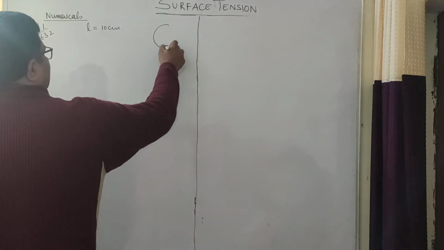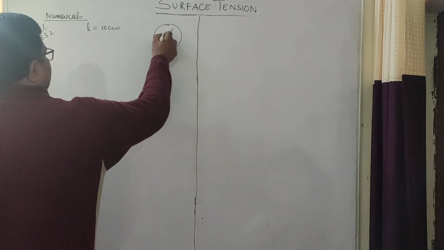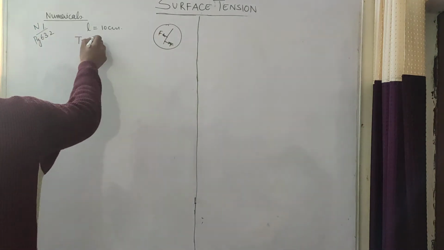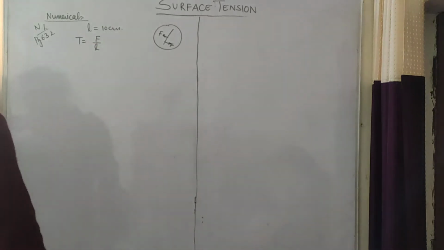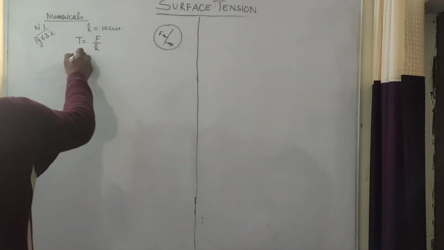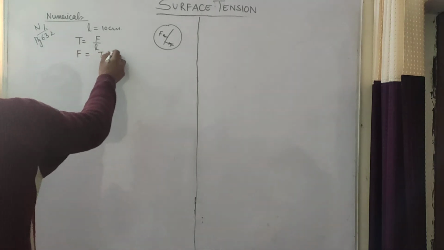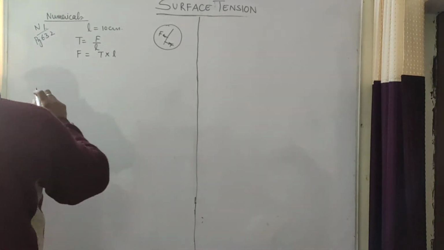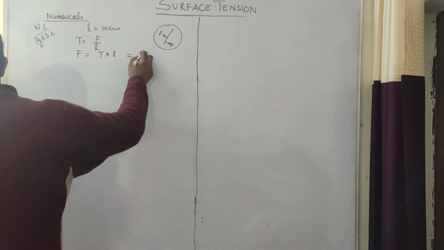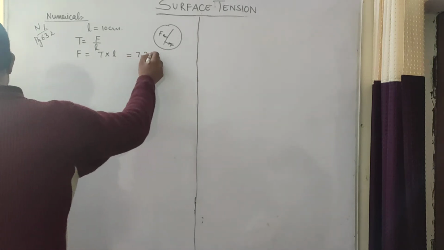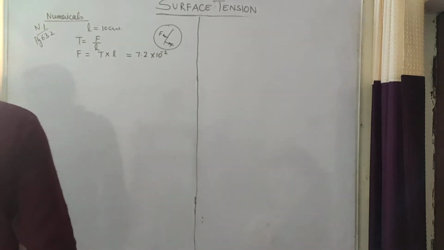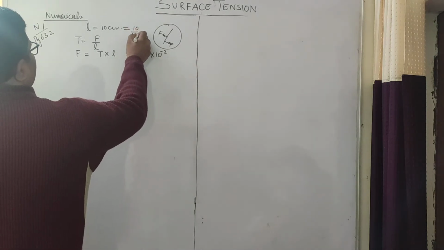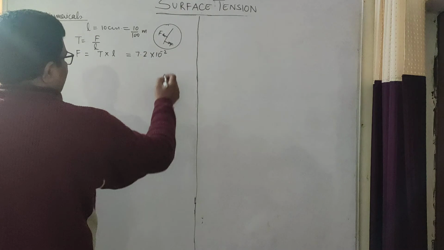I have told you about this. This is the length. So surface tension is force acting per unit length. You need to find the force. So force here is surface tension into length. As it is mentioned that this is water, the surface tension of water is given in the constants, which in SI unit is 7.2 into 10 to the power minus 2 Newton per meter, and length is in centimeters, so it will be converted, 10 by 100 meters, so it is 0.1.